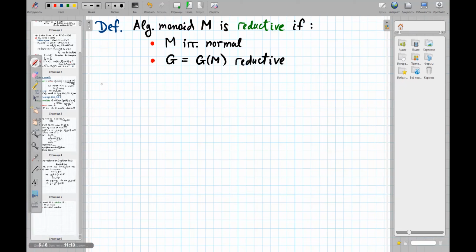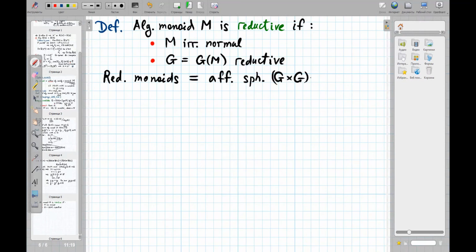And by theorem 2, which we just have proved, reductive monoids are exactly the same as affine spherical G cross G varieties with the open orbit being G itself, considered as a homogeneous space over G cross G, G cross G modulo the diagonal.